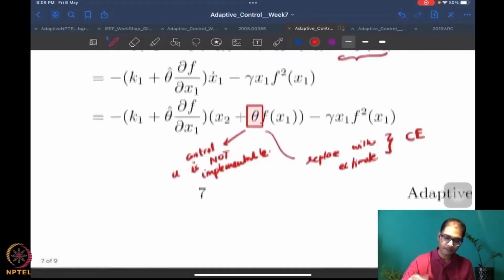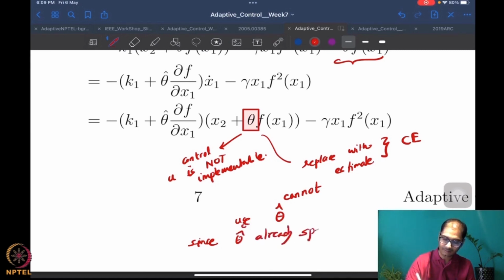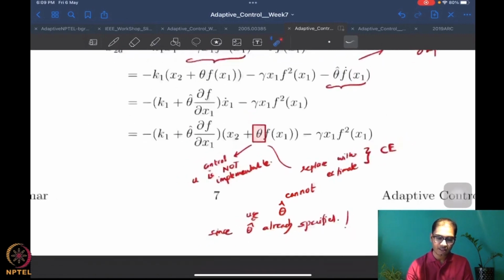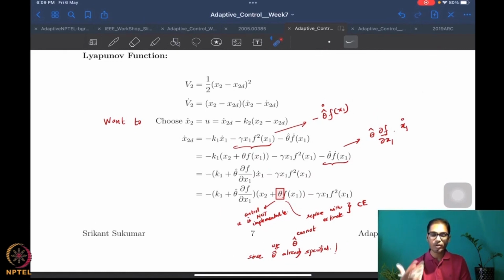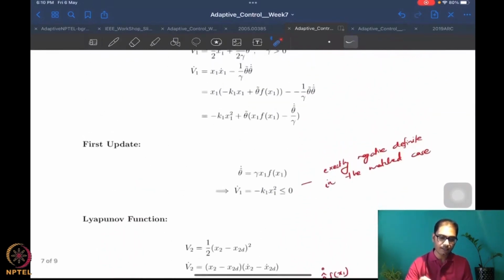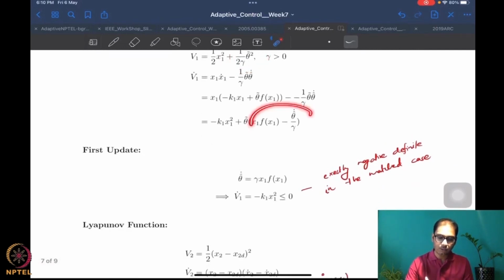But we cannot use theta hat since theta hat dot is already specified. Because theta hat dot is already specified, when you do the Lyapunov analysis with this theta tilde squared, it will only cancel this one term.